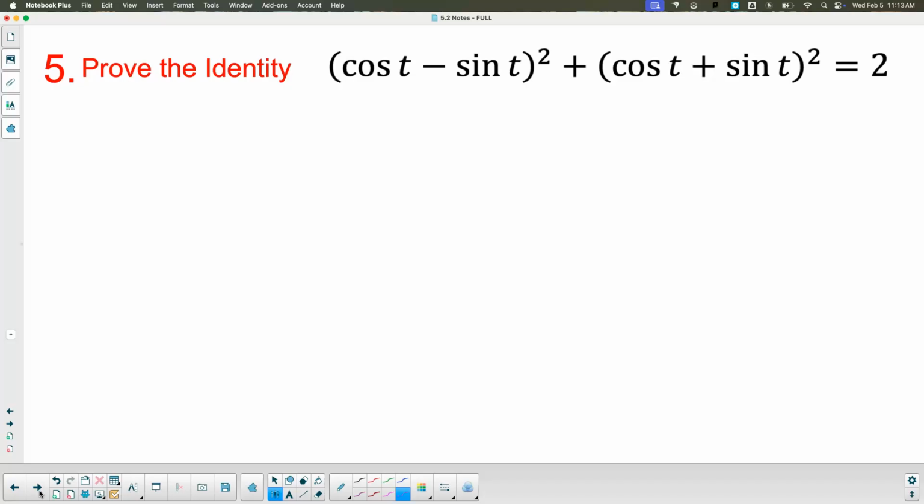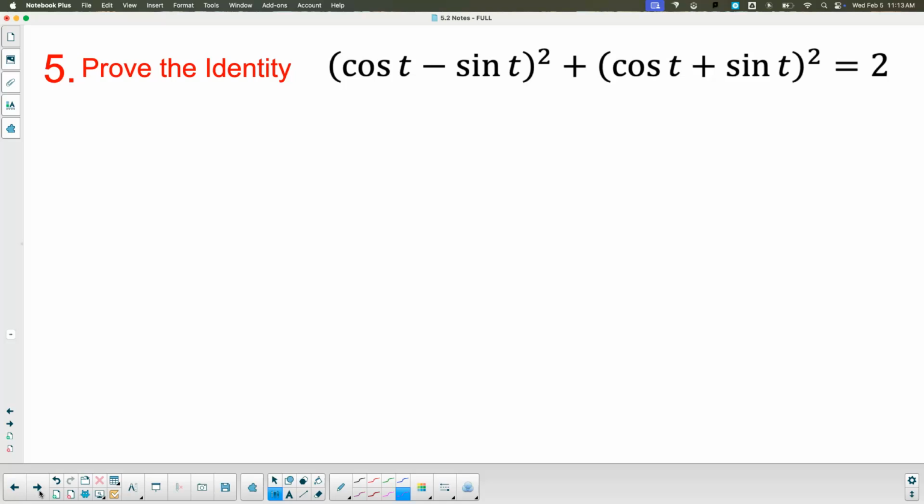Okay. So yesterday we said we need to take one of the sides and work it. And we said take the side that scares you, makes you want to turn around and run.